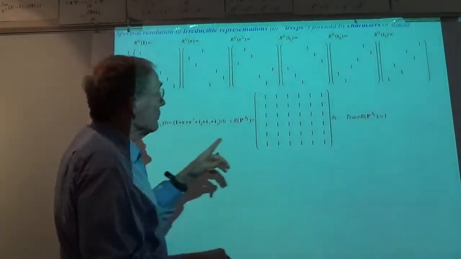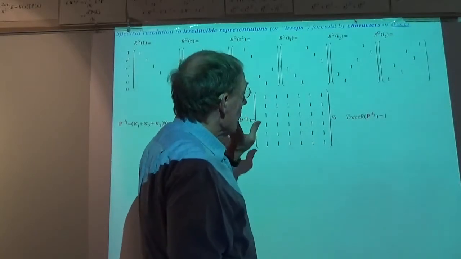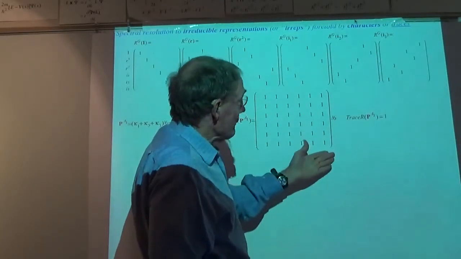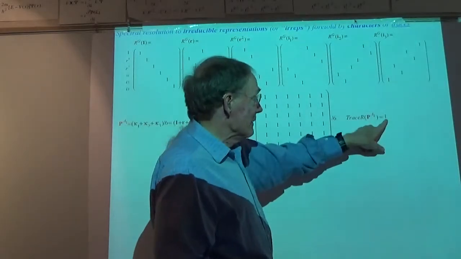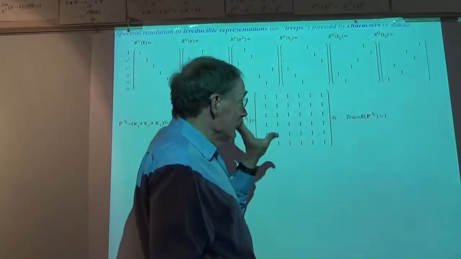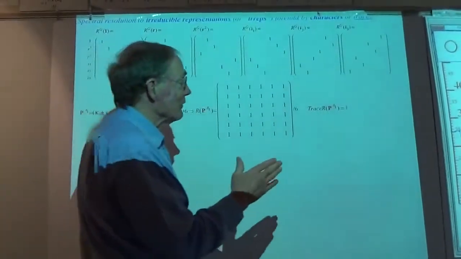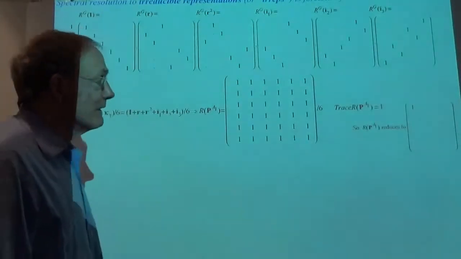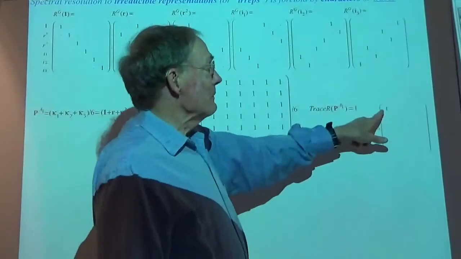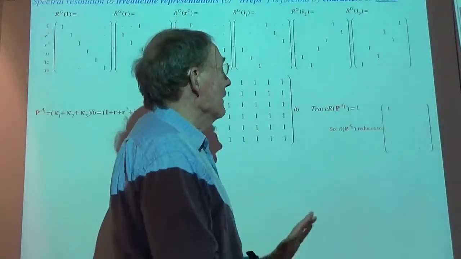If I look at the trace of this matrix, well, the trace of it is 6, but trace of 6 times 1/6 is 1. So that tells you this matrix is only going to diagonalize to a single 1, which I'll just arbitrarily put in the first spot here, and 0 everywhere else.